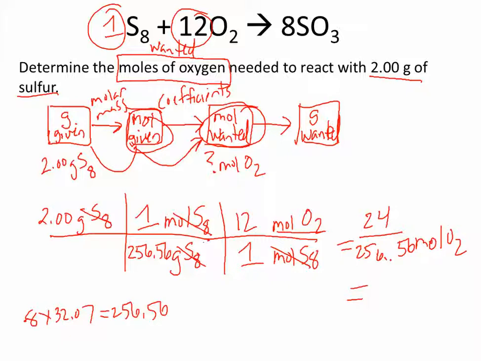So basically, we have 24 divided by 256.56, and that equals 0.09, and we need 3 figs: 0.35 moles of oxygen. So this was a gram to mole problem.